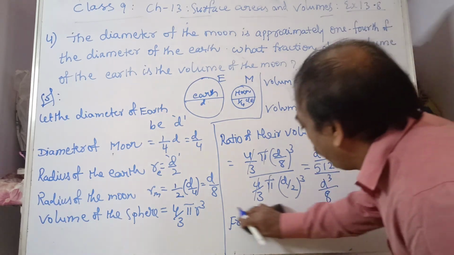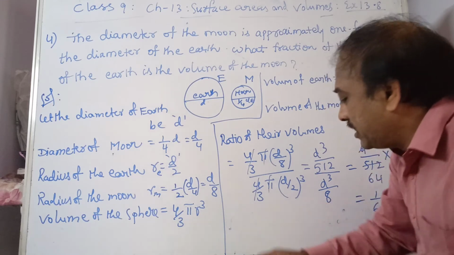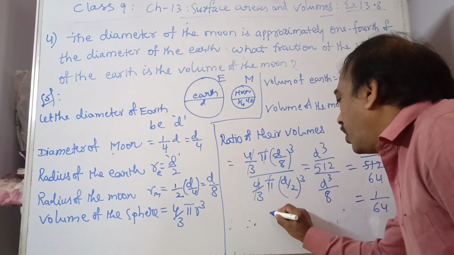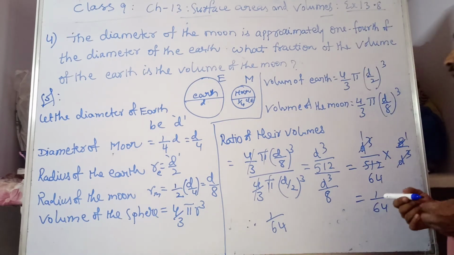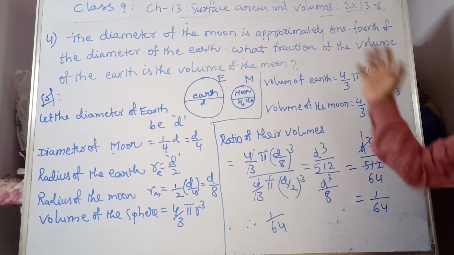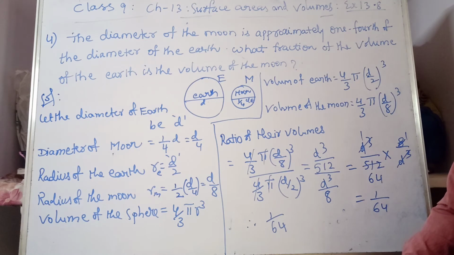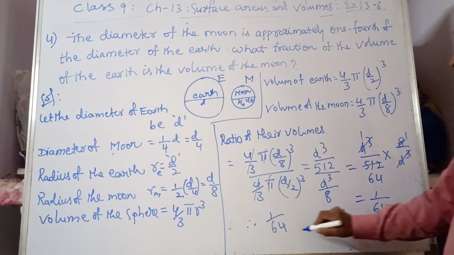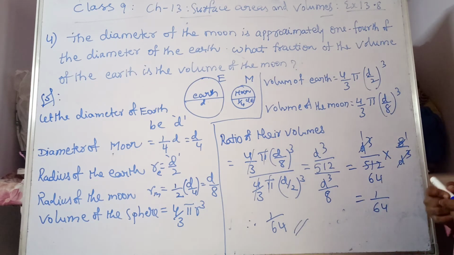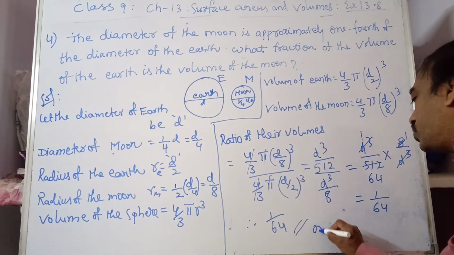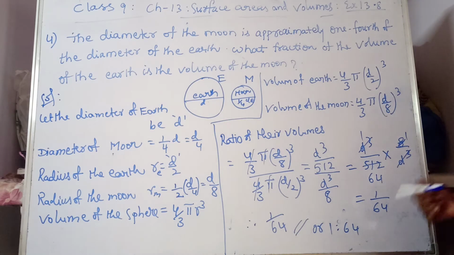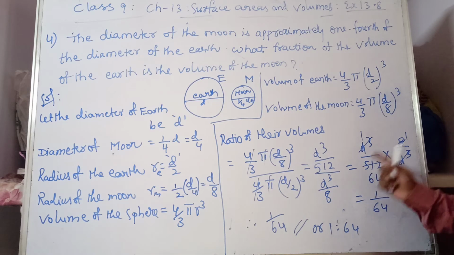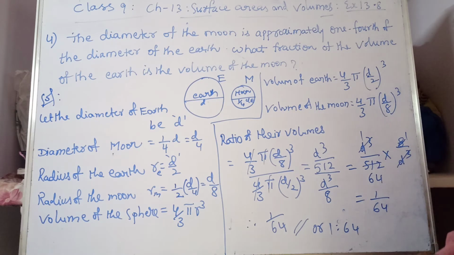So we write, therefore the answer is 1 by 64th. So volume of the moon is 1 by 64th of volume of the earth. So this is 1 by 64, or you can write 1:64. He is asking in a fraction, so we write as 1 by 64. Is it clear, students?